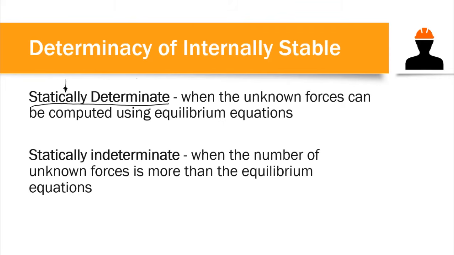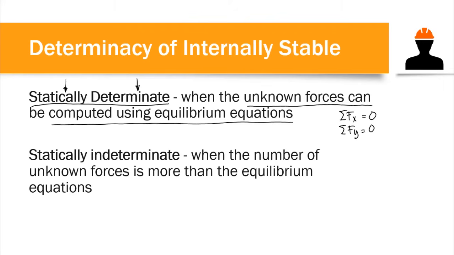We can say that our structure is determinate when the unknown forces can be computed using equilibrium equations: summation of forces along x is equal to 0, summation of forces along y is equal to 0, and summation of all the moments equals 0. These three equations are very important in determining unknowns. If these equations are enough to determine the unknowns, then our structure is statically determinate.